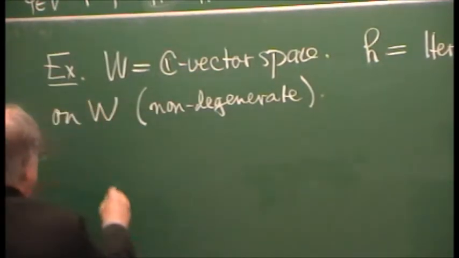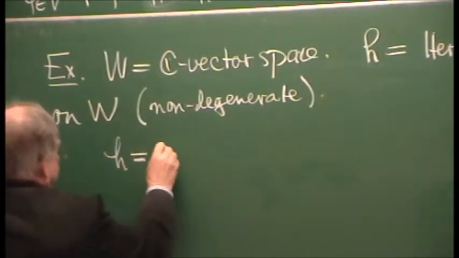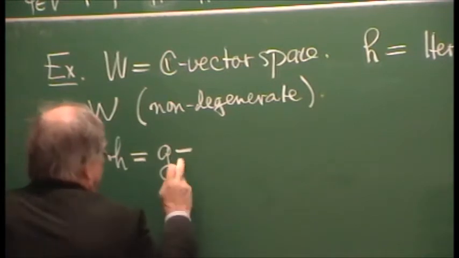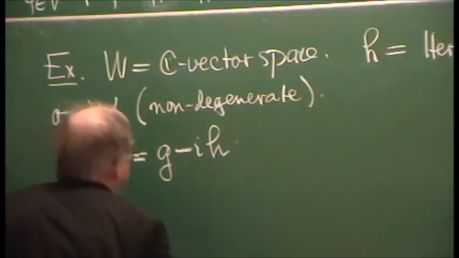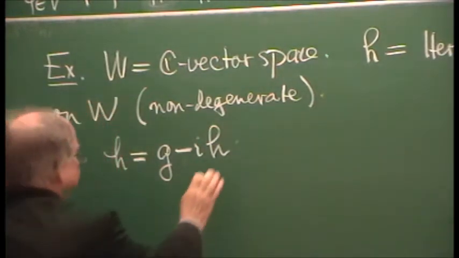Then, of course, you separate H into the real part and the imaginary part. Actually, the good sign here to take is probably minus i times the imaginary part.